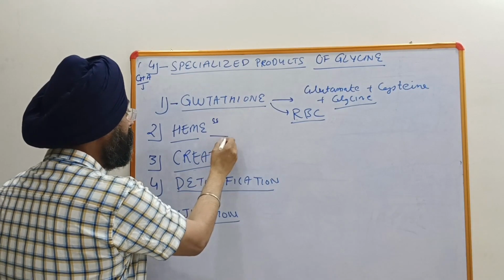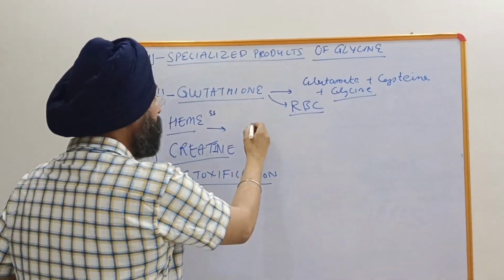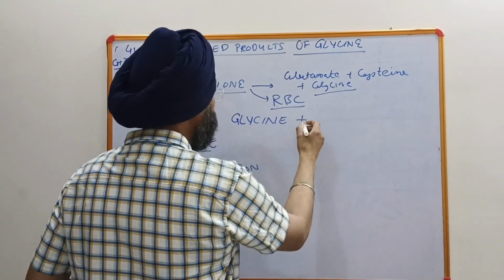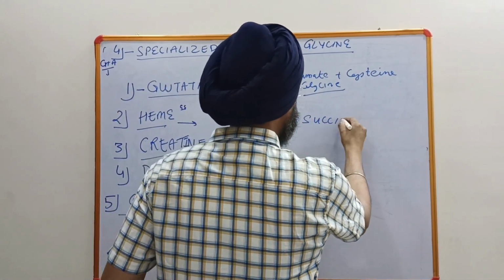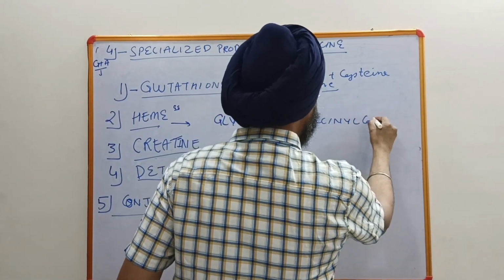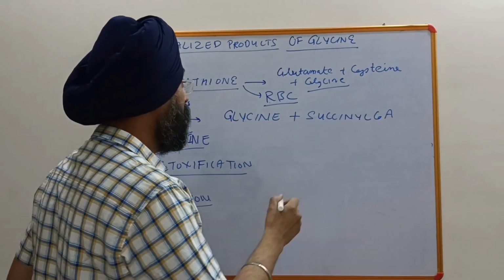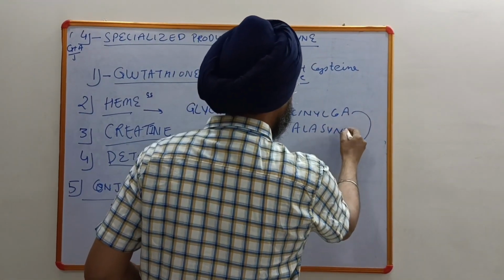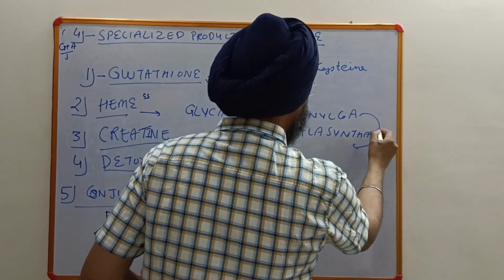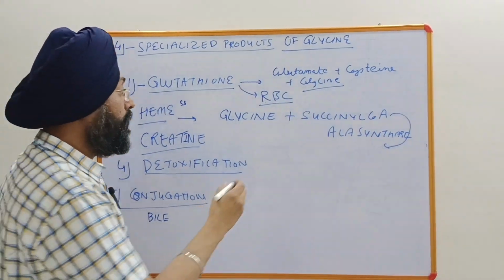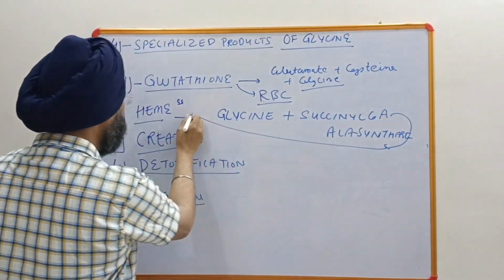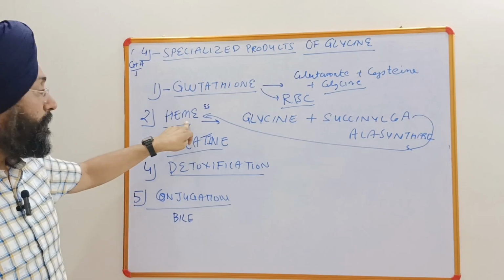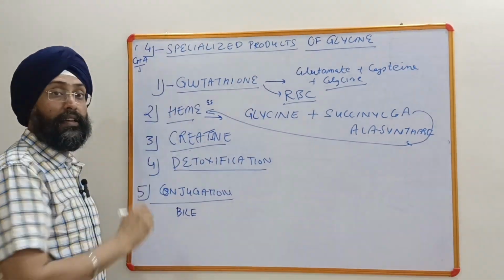Now the second product is heme. Glycine plus succinyl CoA, with the enzyme ALA synthetase, will undergo a series of reactions to finally form heme. Now the third product is creatine.